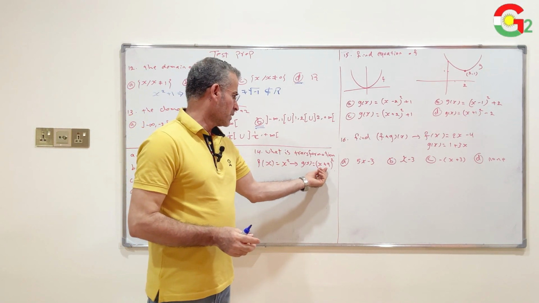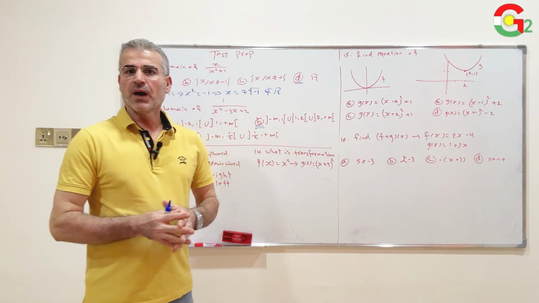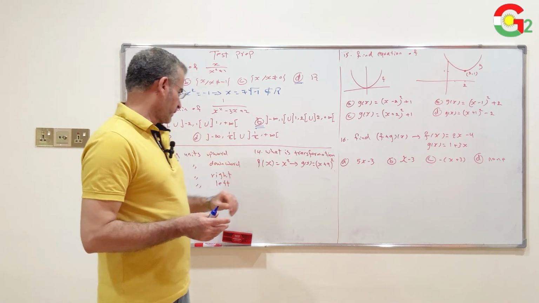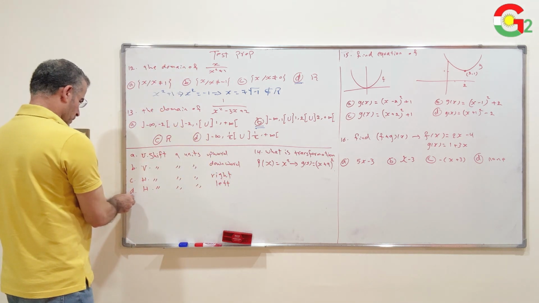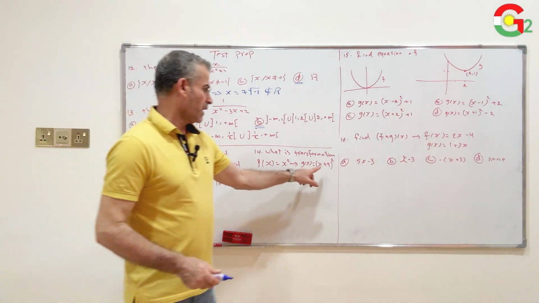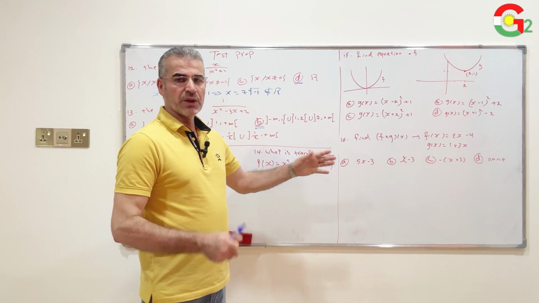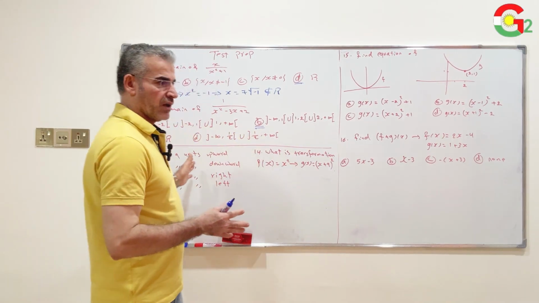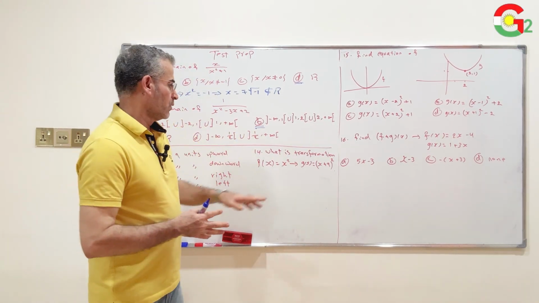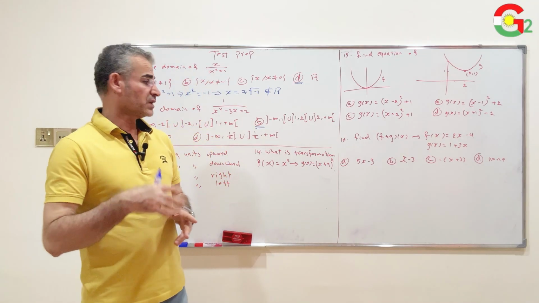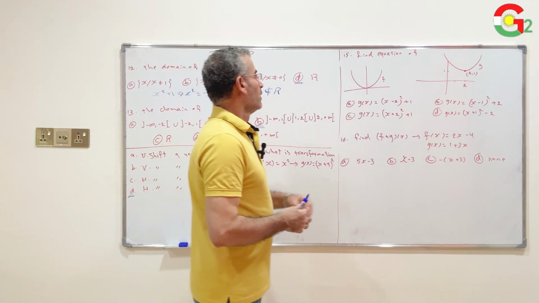It is a horizontal shift 9 units to the left. Choice D. When I have x plus a constant, I have a horizontal shift to the left. When I have x minus a constant, I have a horizontal shift to the right.